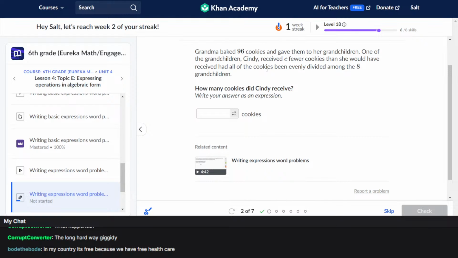Grandma baked 96 cookies. Grandma, who likes Nigerian princes, baked 96 cookies and gave them to her grandchildren. That's a lot of cookies. So she wants all of her children to have diabetes.